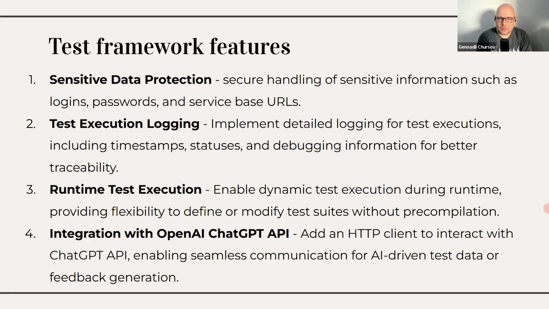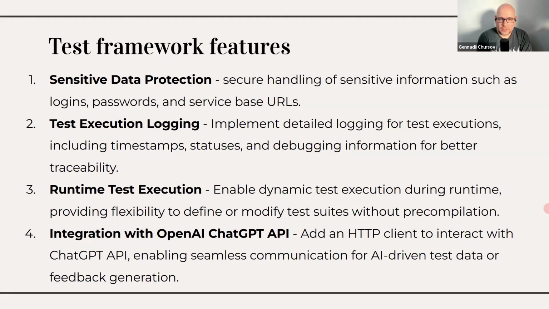So I used the debugging that is available out of the box for Playwright and TypeScript to collect timestamps, statuses, and all the debugging information for execution and for failing tests, just to share it with AI if I have some issues.